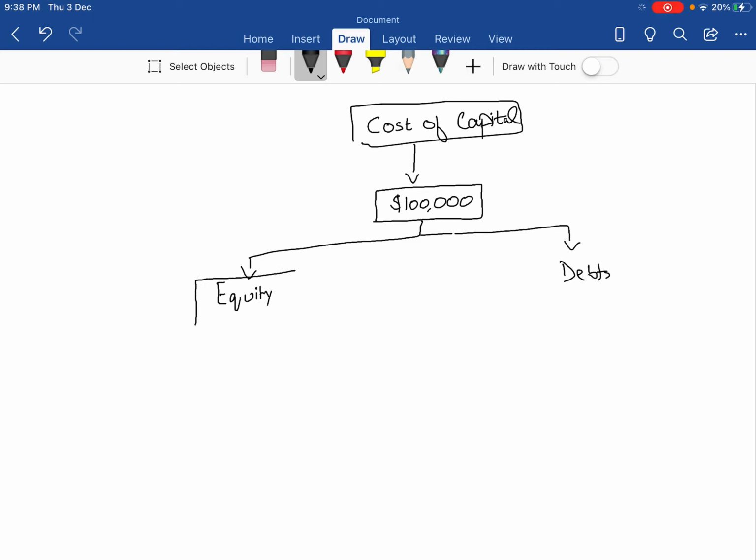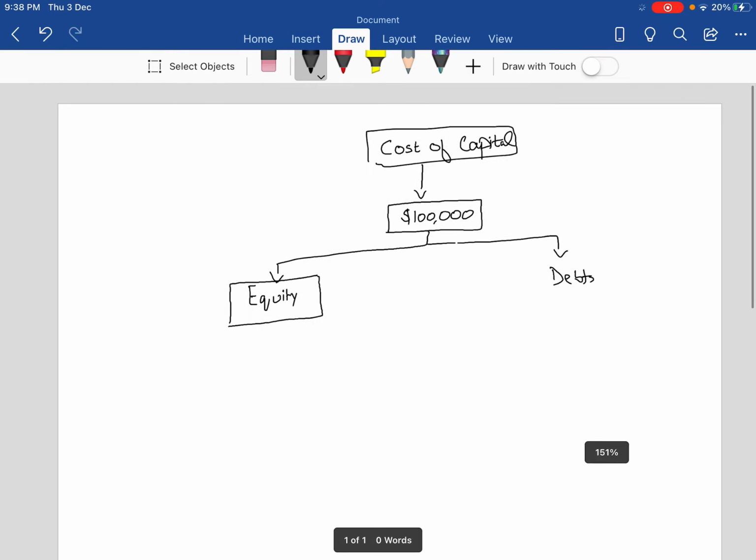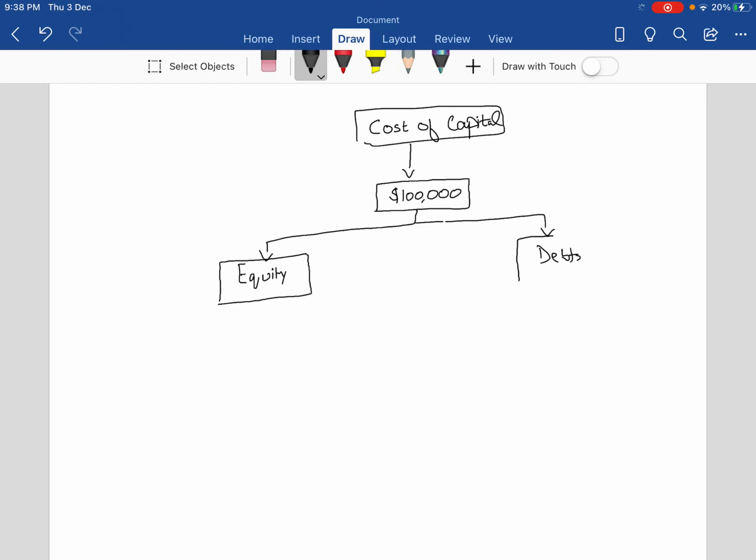Equity means the amount coming from the owners of the business, and these owners will have to bear the risk of loss, whereas debt is the investment through those who do not own the company, and usually they will be investing against a fixed return.